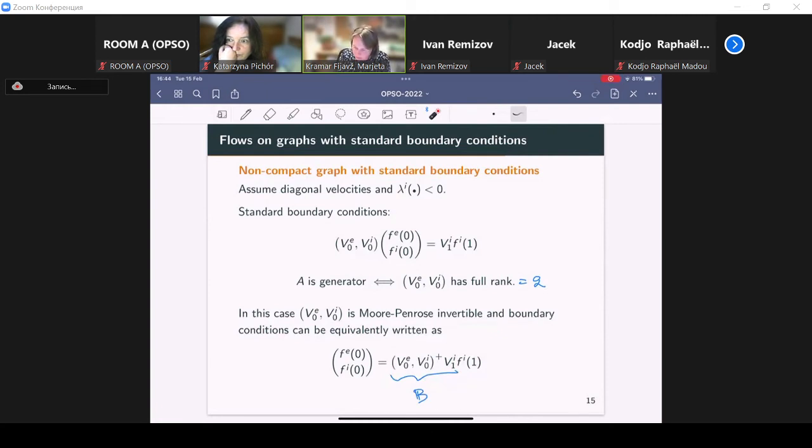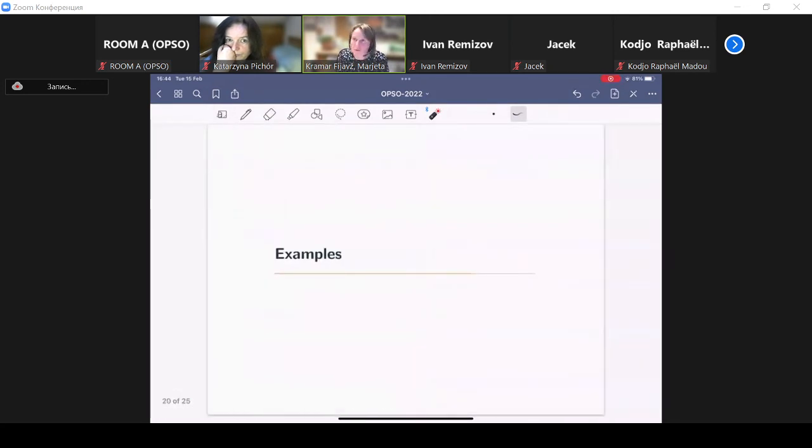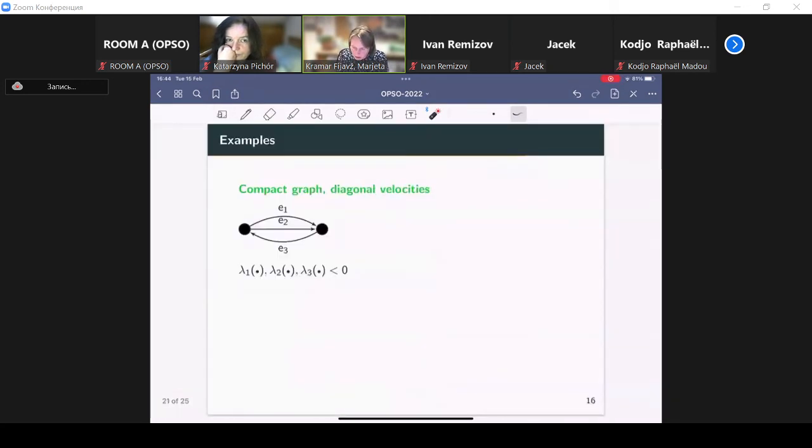I have a couple of minutes, I think, to go to an even more complete example. Here I have an example of a so-called pumpkin graph. So we have 2 vertices and 3 edges connected, and the arrow always means that the lambdas are negative, so the arrow tells you that here is 0 and here is 1 for E1, and for E3 it is parameterized here 0, here 1.